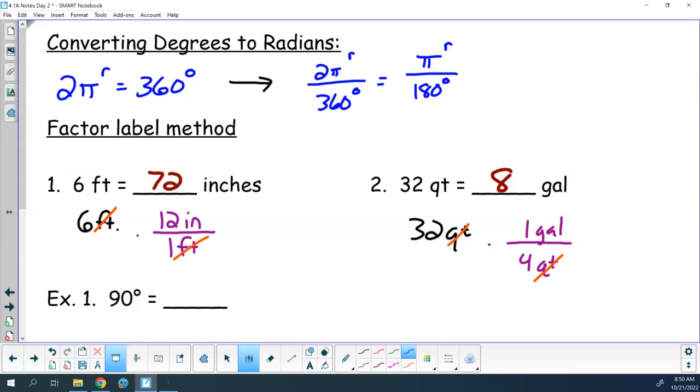So if I wanted to get rid of degrees, I would multiply by that fraction, because that blue fraction is equivalent to 1. I could also invert or reciprocate that fraction.